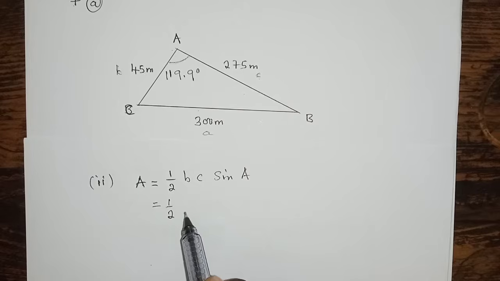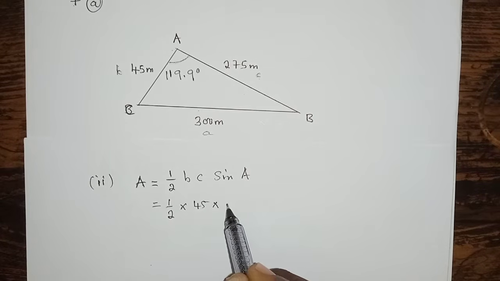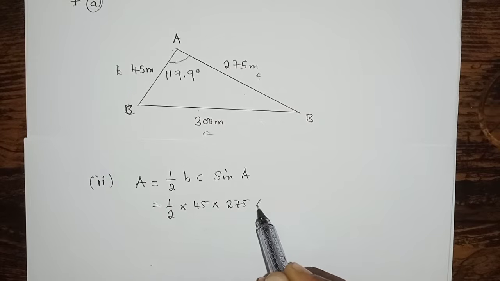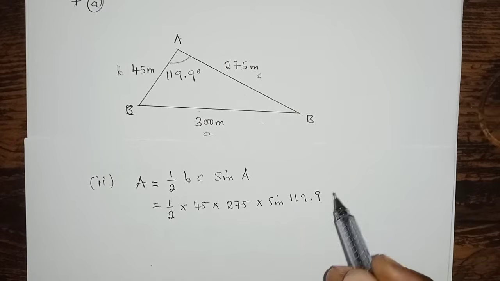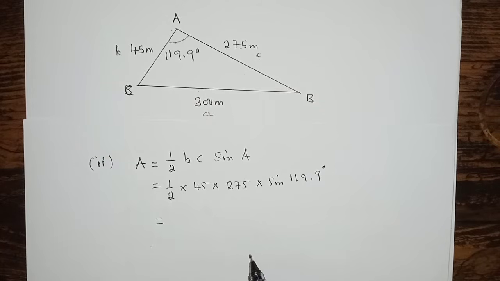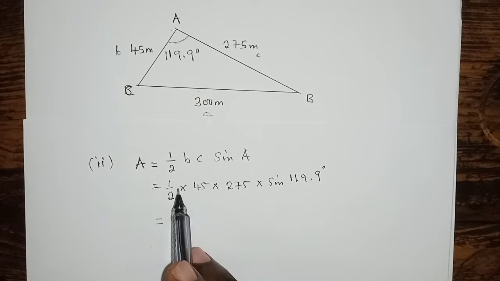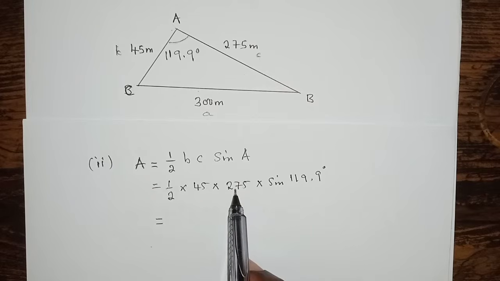So we'll say half times B is 45 times C 275 times sine 119.9. So here now we can punch on our calculator. 1 multiplied by 45 times 275 times sine 119.9.